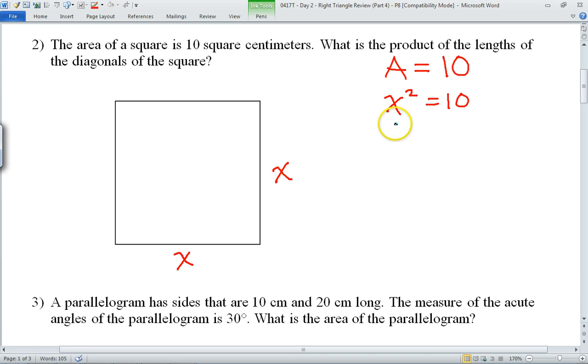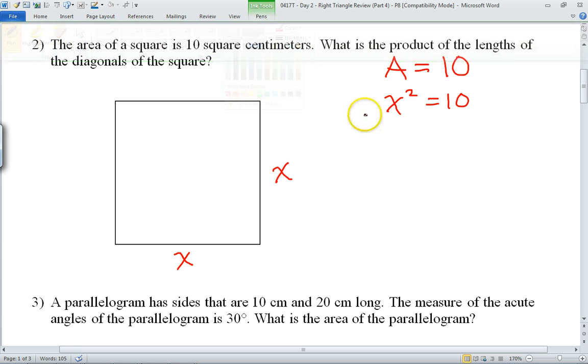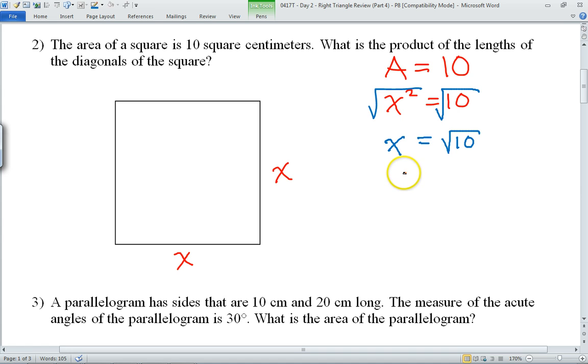Well, we can use this to find the length of the sides. So of course, to get x by itself, let's just take the square root of both sides. So that's going to give us x equals the square root of 10. Alright, fine. That tells me that the sides of this square are the square root of 10.